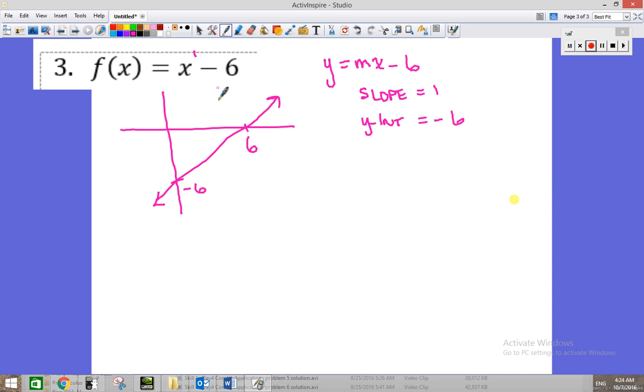This clearly is a function. It passes the vertical line test. It also passes a horizontal line test, so I expect that the inverse will also be a function.